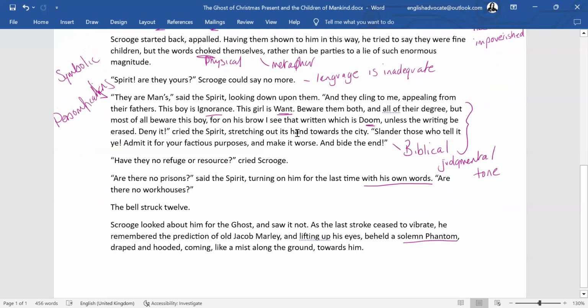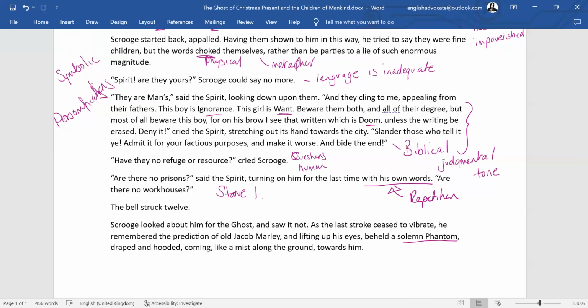And Scrooge, as a structure point, questions what can be done to help. This is a more human, a more generous approach. And this, we said before, refers back to stave one. It's the repetition here of Scrooge's own words shows how harsh and how brutal his previous attitudes have been.